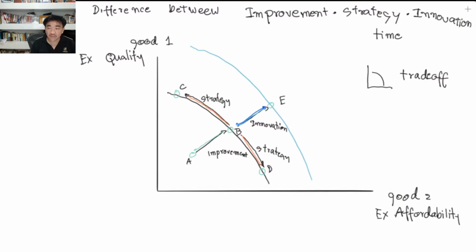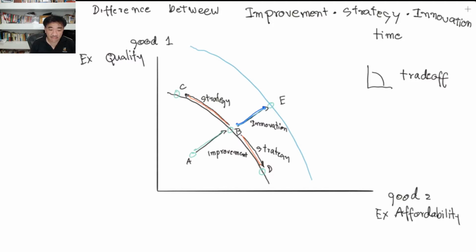But if you're at B and you're moving to E, meaning that you have better quality, yet you are more affordable, we call this innovation. To make an innovation happen, you need to use another framework called TRIZ, but I will not mention innovation here. In this book, the discussion is around how you move from B to C or B to D, and which one is better.